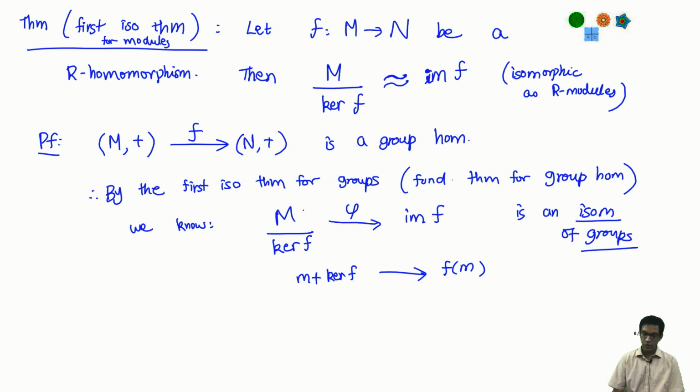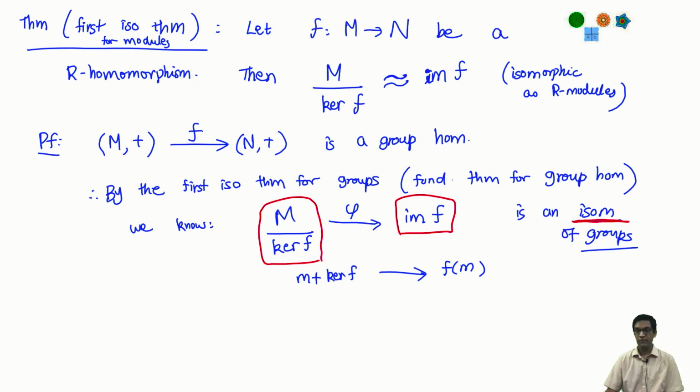In addition to the group structure, what we have in M modulo the kernel is a scalar multiplication by elements of R, and the same on the right side. So we just have to show that phi also respects the scalar multiplication. If we do that, then automatically phi becomes an R module homomorphism. It's already a bijective map because we know it's an isomorphism of groups. We have already done that work, so we don't need to redo it.